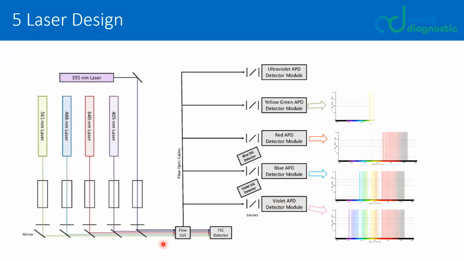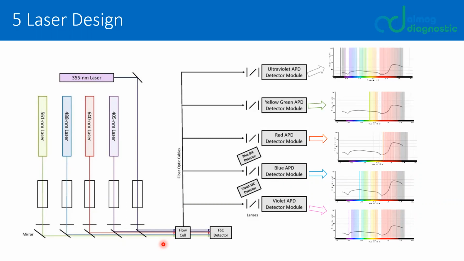In order to show you how the spectral signature is created, let's look at the 5 laser Aurora optical design. You can see the range of detectors in each detector module for each laser. The lower the excitation wavelength, the more detectors we have in the detector module.